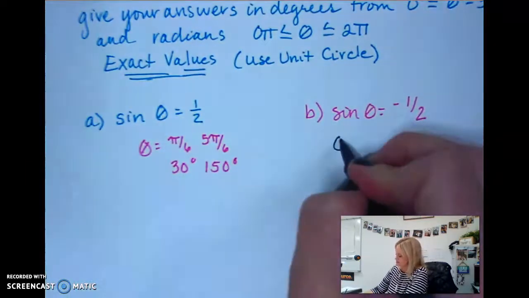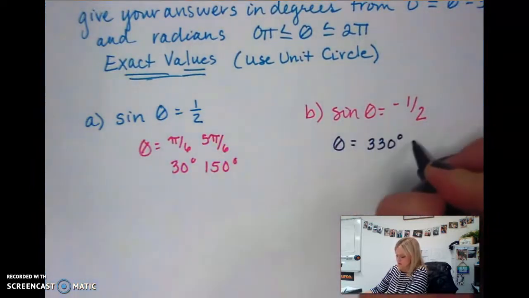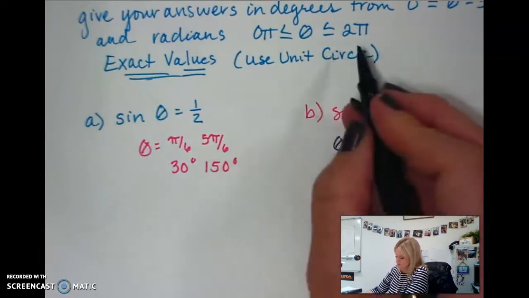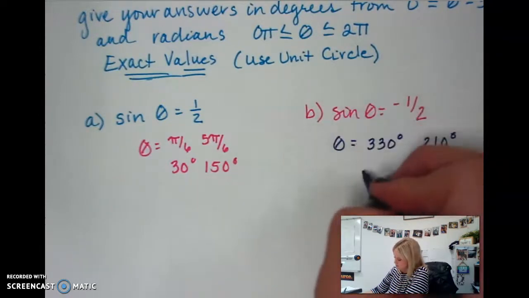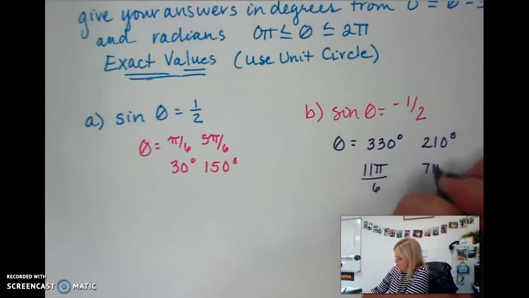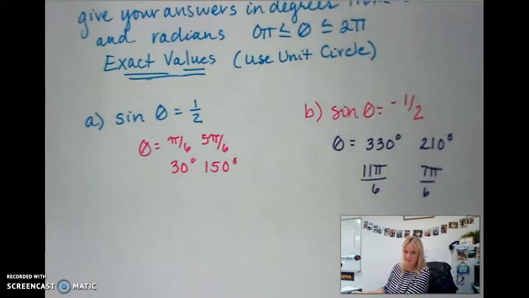So theta has two answers, 330 degrees and 210 degrees, and the directions also say to give it in terms of radians, which is 11 pi over 6 and 7 pi over 6. Okay, so those are pretty easy ones for us.